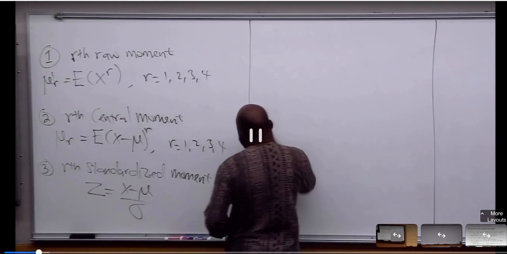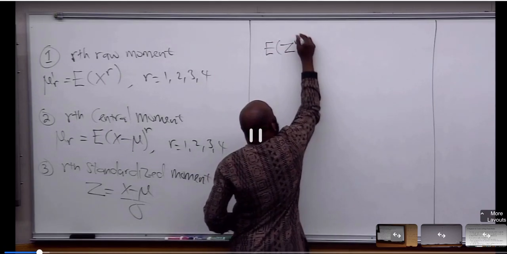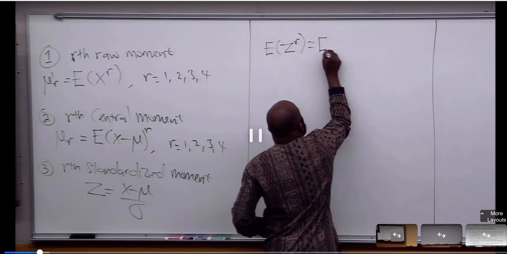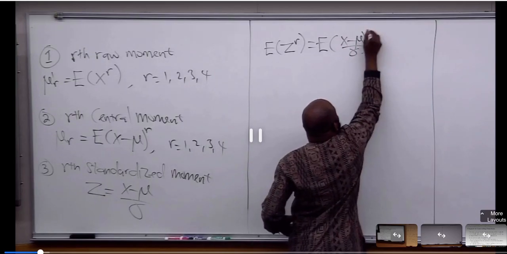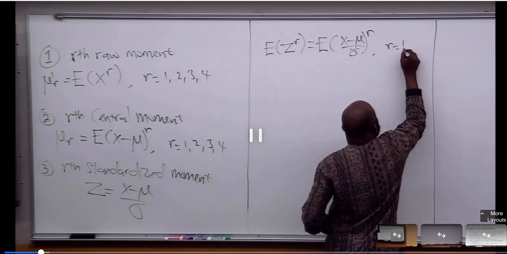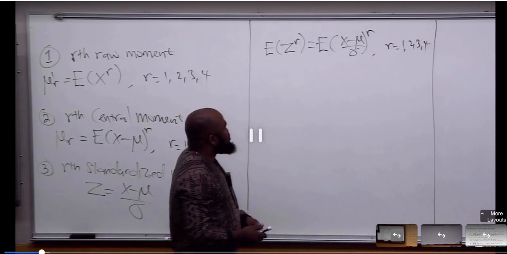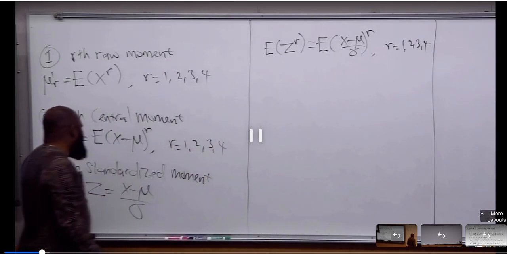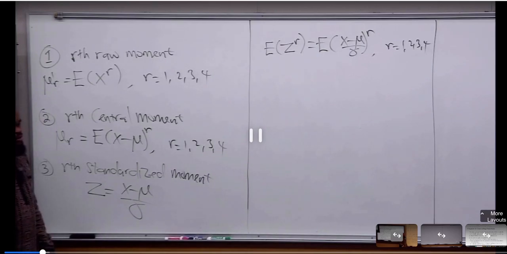If I want to find the expected value of that, we're also interested in r equal to 1, 2, 3, 4. If r equals 1, that is going to give us 0.